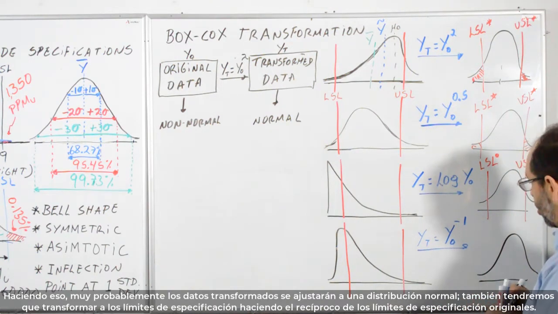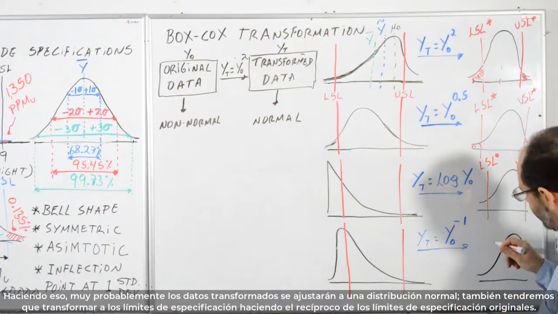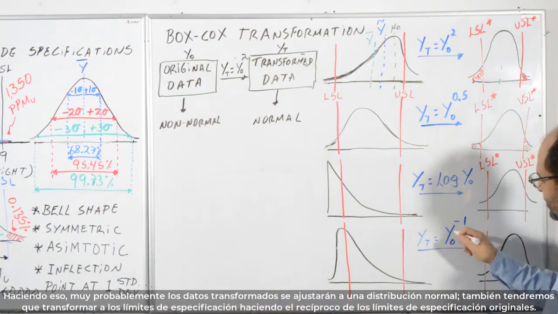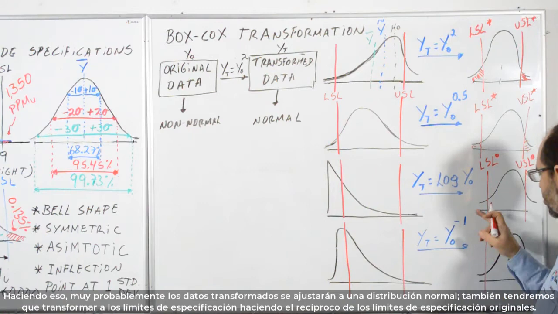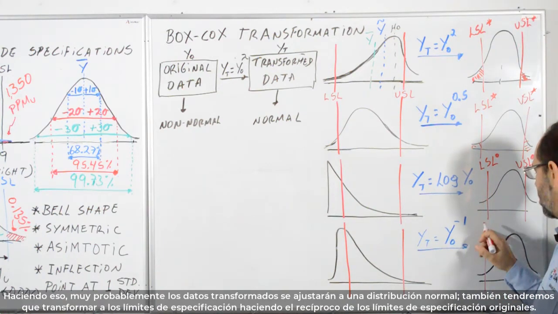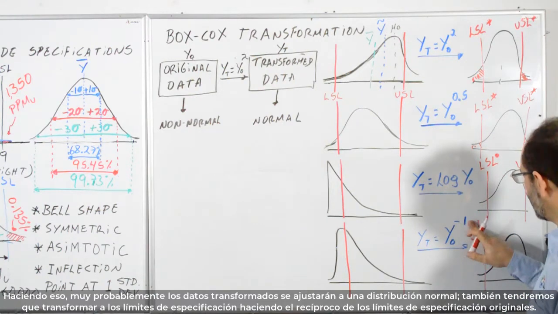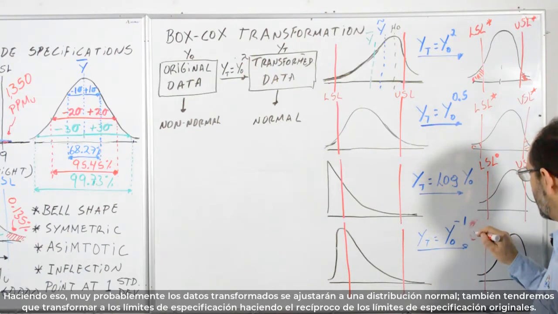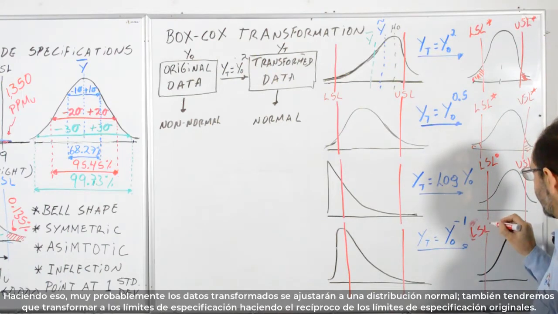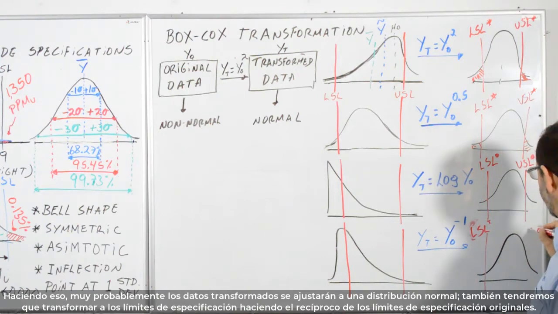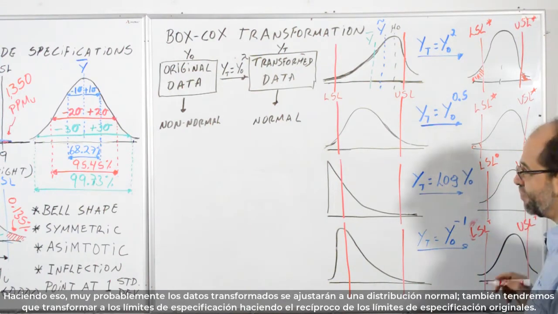For that one, you also have to transform the specification limits with the reciprocal process: 1 over the lower specification limit, which becomes the lower specification limit transform, and same thing for the upper specification limit transform.